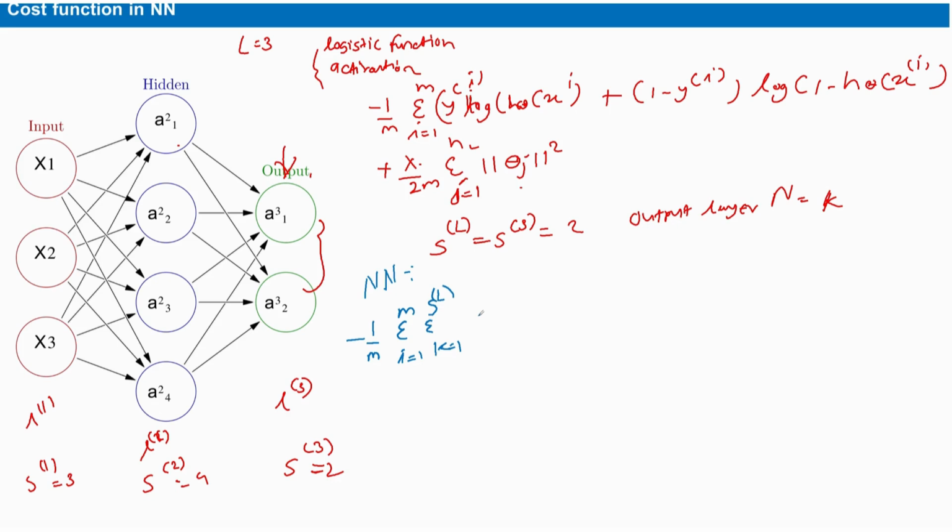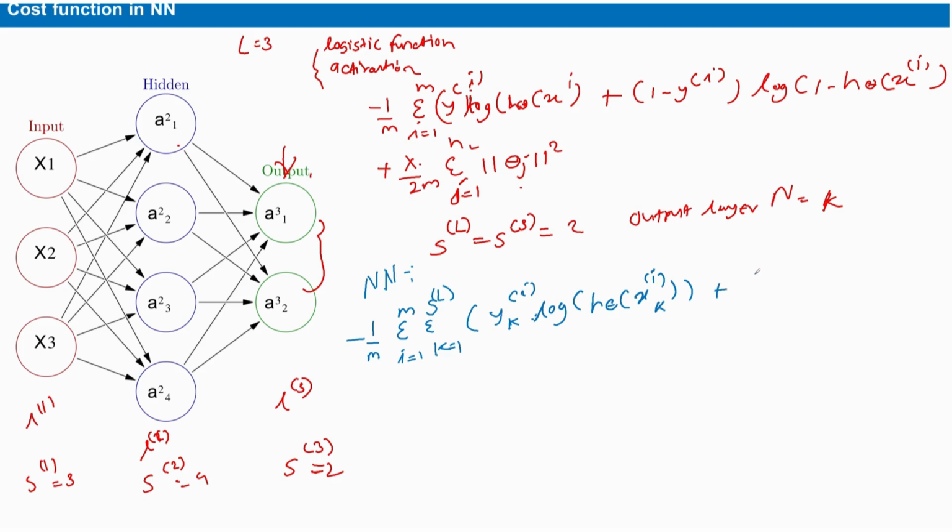So this will become y_k^(i), meaning y superscript i subscript k, like the ground truth for the ith example at neuron k in the last layer, into y_k^(i) log of h_theta(x^(i))_k, which denotes the prediction for that ith example at neuron k in the last layer. So this is the first term.